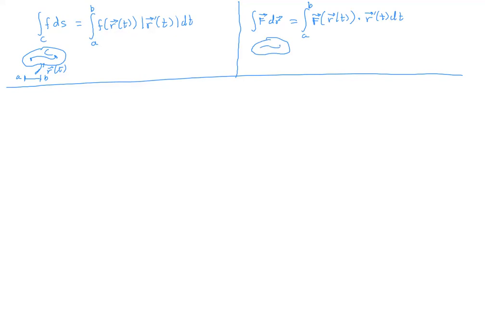So you have C, but now this lives inside the domain that has a vector field, the vector field F, and then you also have the parameterization. What you have to remember here is that this has to be oriented, okay? This is a very important remark to be made. Not everything is in full analogy. You need to have an orientation for your path.